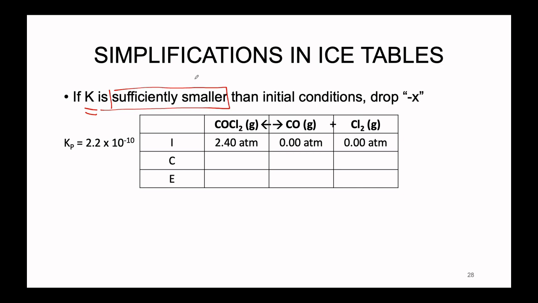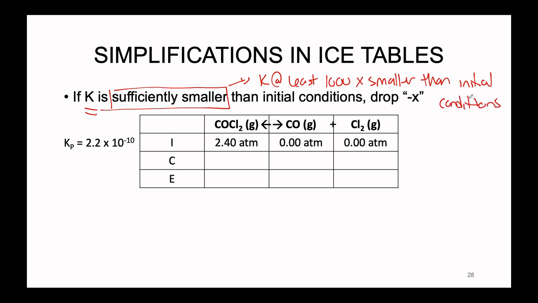There are a couple of different ways that I've seen this described, using either percent differences or multiple scalar differences. What we are going to use is our definition for sufficiently smaller, because I think it is the one that works the most consistently at the general chemistry level: if your equilibrium constant K is at least 1,000 times smaller than initial conditions.